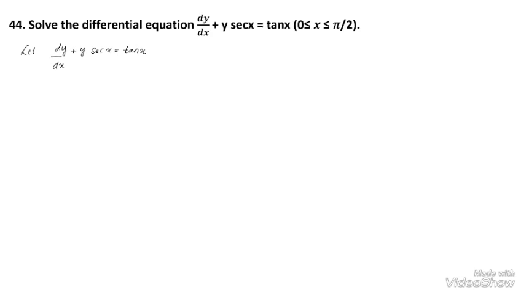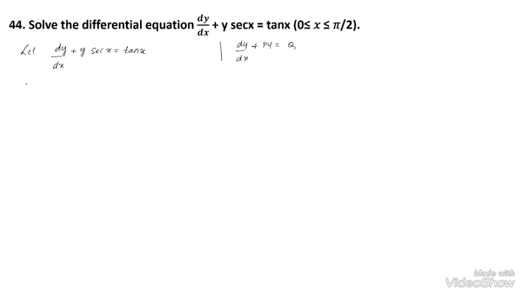Then I can use the differential equation of the form dy by dx plus py is equal to q. We have to use the formula.